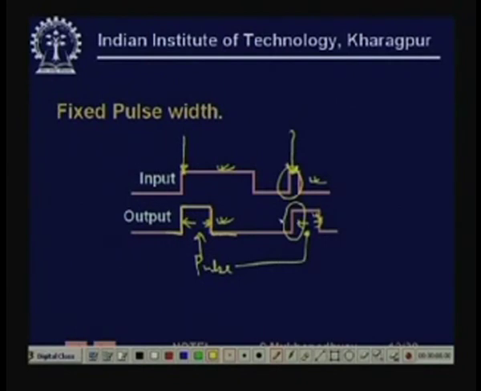This is the fixed pulse width timer, and it will be an interesting exercise for you to see how this can be realized using our basic timer construct. So, that is a point to ponder for you.